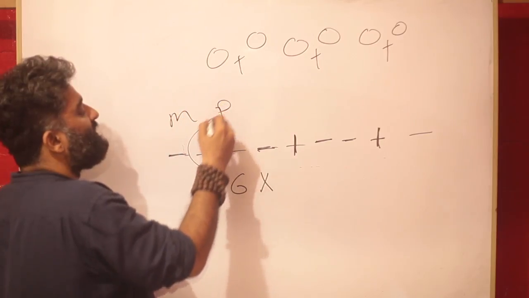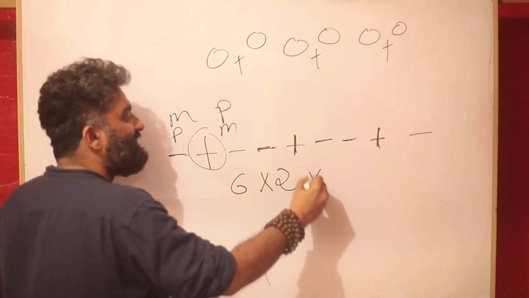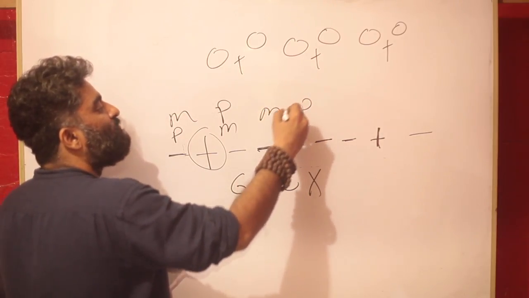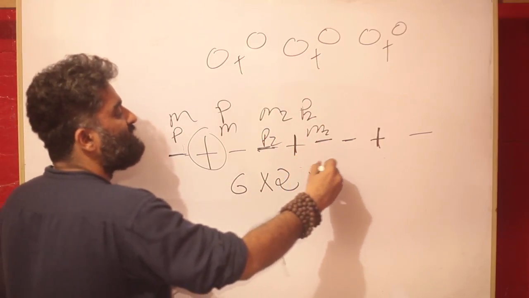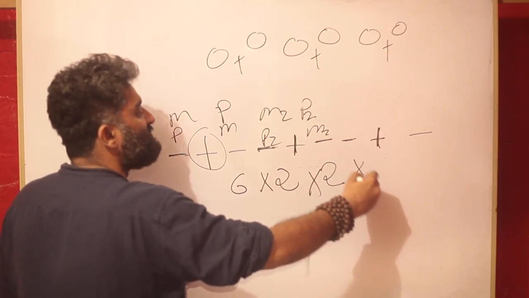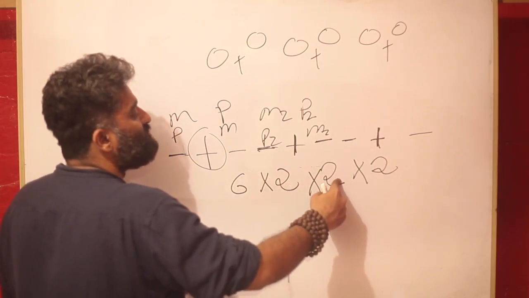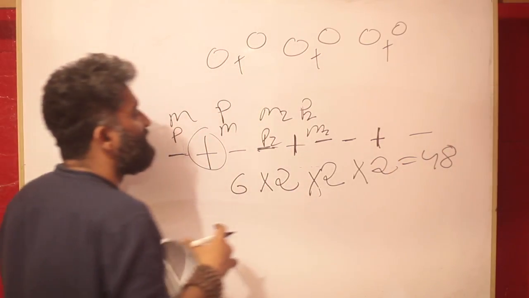Mom here, pop here, or pop here, or mom here, right? So 6 into 2. And you also have to worry about these 2 parents. Again, mom 2 here, pop 2 here, or pop 2 here, mom 2 here, 2 ways. And the same situation for the last one, 2 ways. So 6 into 2 into 2 into 2, or 6 into 8, your answer should be 48, right?